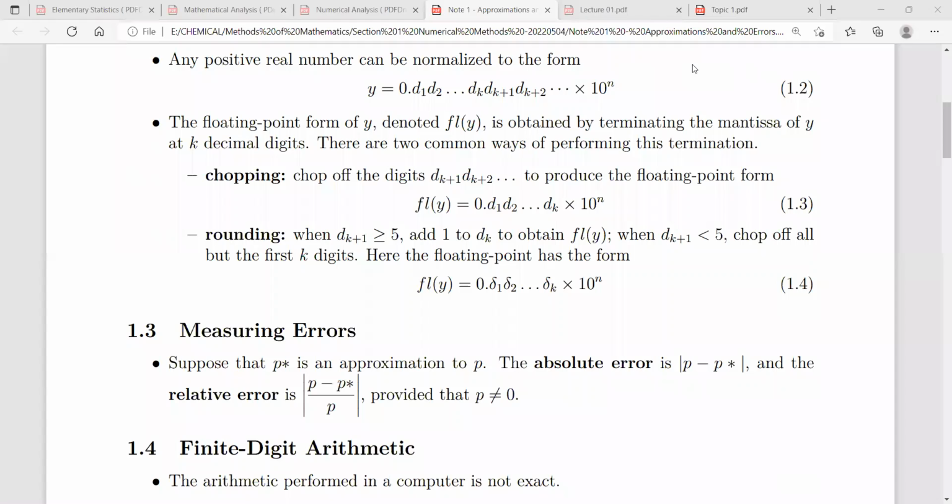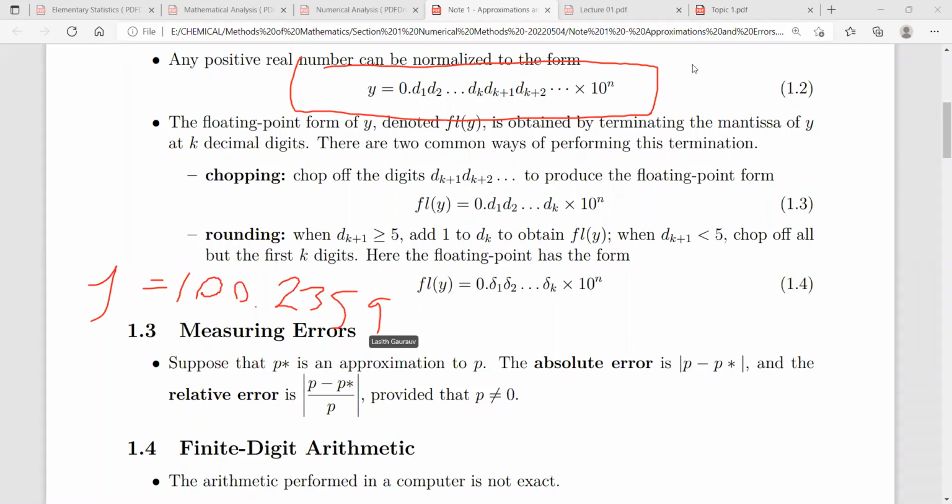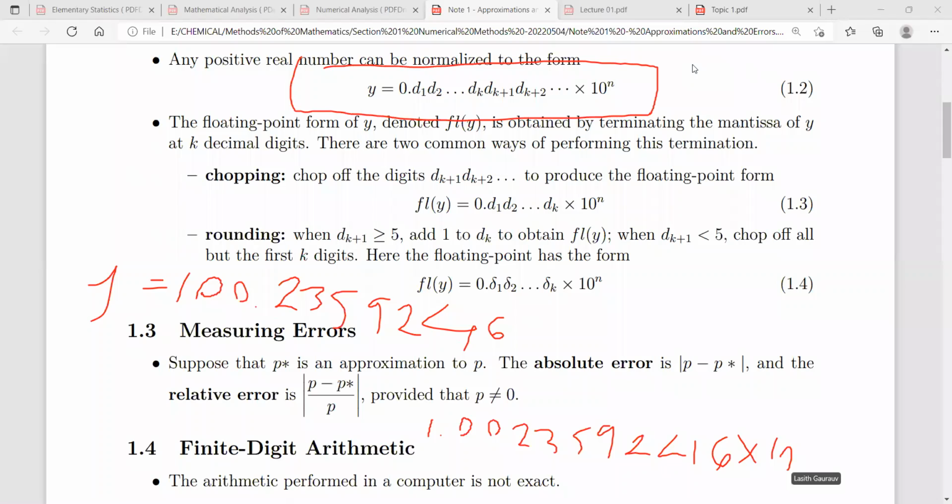Let's say if y equals 100.235924, then we can represent this in floating point form as 1.002359246 × 10^2. This is the floating point form.